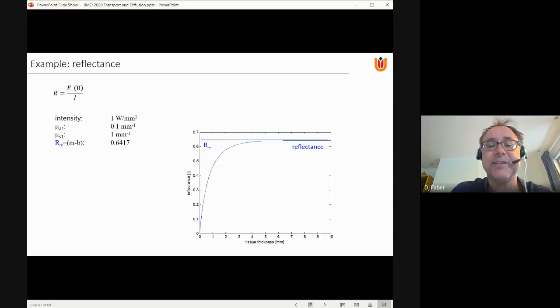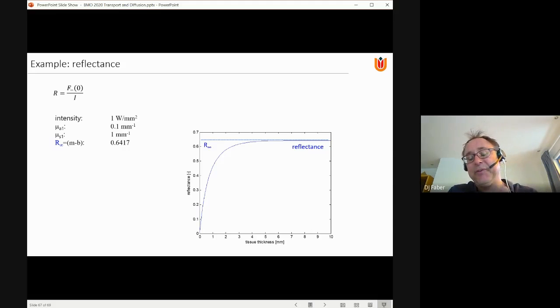The tissue thickness is varied on the horizontal axis. My apologies, I didn't explain it clearly enough. If you have a very thin piece of tissue, then the reflectance is going to be very small. For a 1 millimeter thick piece of tissue, for example, the reflectivity is about 0.4.